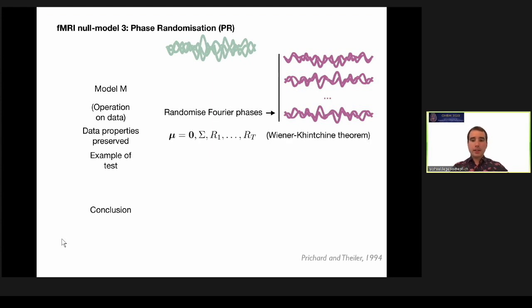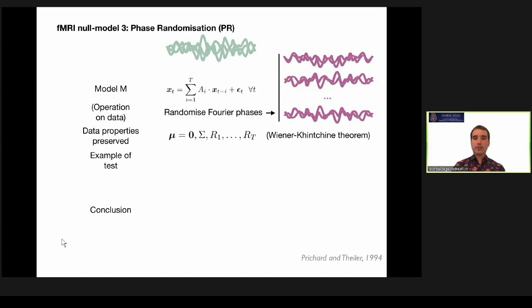In this case, again, it's not straightforward to show, but using the Wiener-Khinchin theorem, it can be shown that the statistical information preserved by surrogates is the following. It preserves the mean, the covariance, and the complete autocorrelation structure, so R1, R2, etc., until RT, where T is the number of time points of the data.